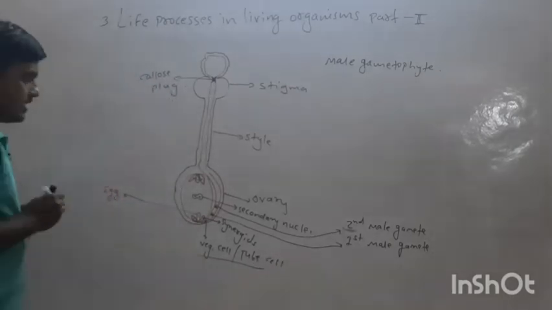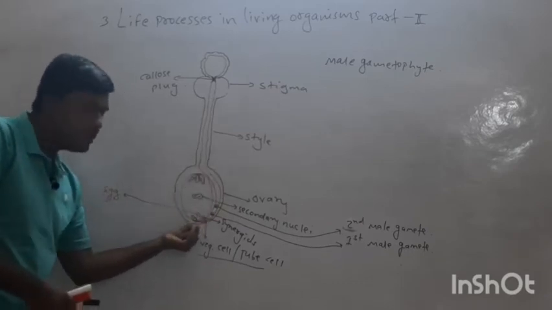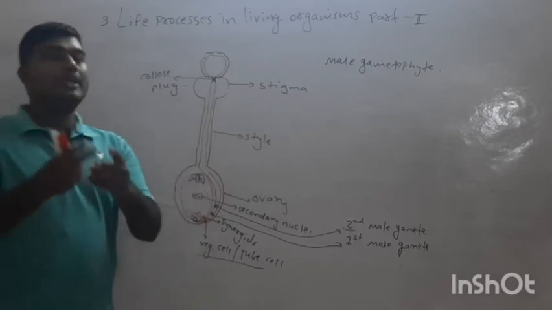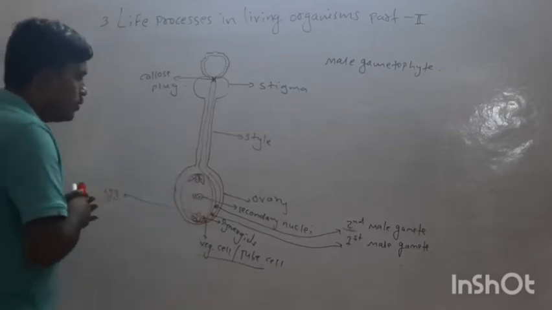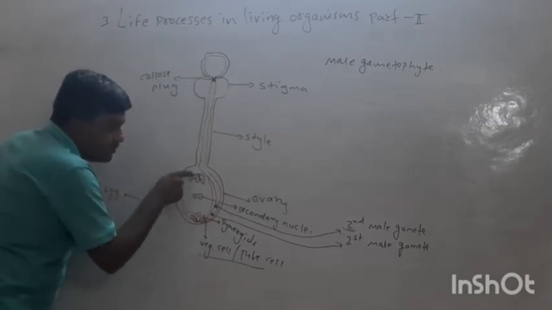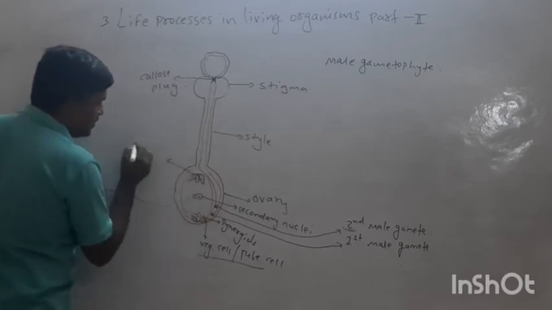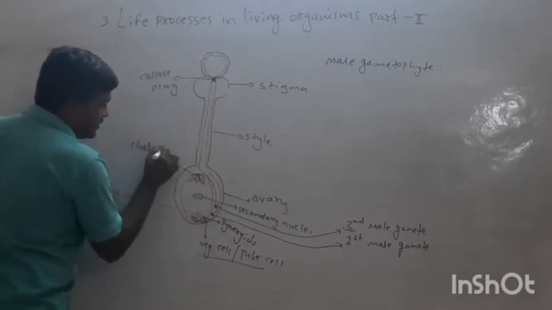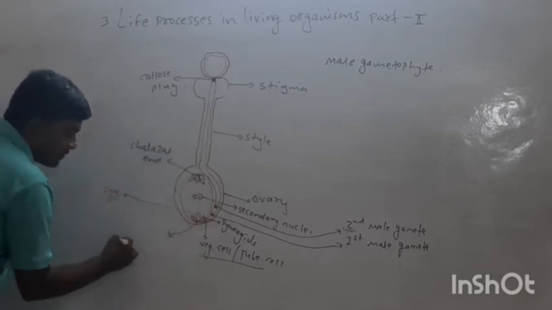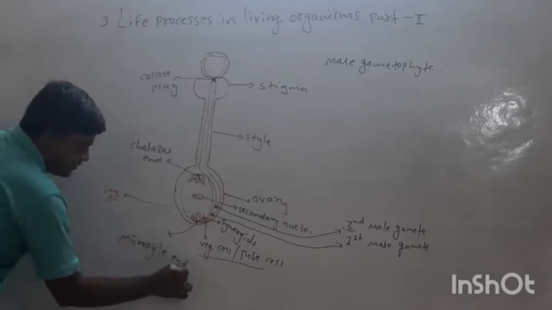After the pollen tube reaches the micropyle end of the ovule, there are two ends that the ovule has. The first end is called, as I already told you, the chalazal end, and this one is called the micropyle end.